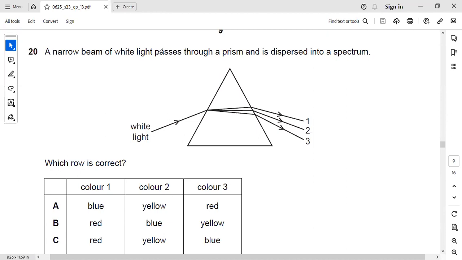Next, a narrow beam of white light passes through a prism and is dispersed into a spectrum. When white light passes through this prism and gets split, violet is deviated most and red is deviated least. So here it will be red and here it will be violet. In between, all the other light rays will be there. Which row is correct?